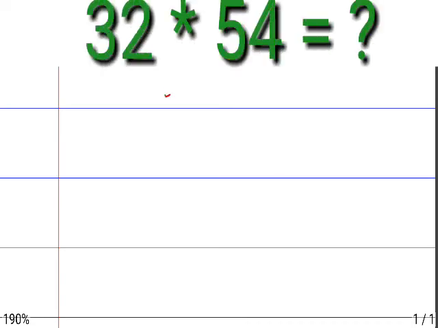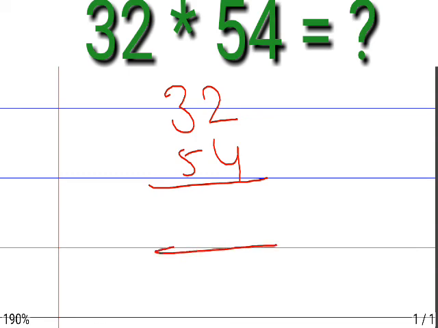So let us take one example, 32 multiplied by 54. We have to do it within one line. So 4 twos are 8, now we make the cross multiplication. 4 threes are 12 and 5 twos are 10. 12 and 10 are 22.